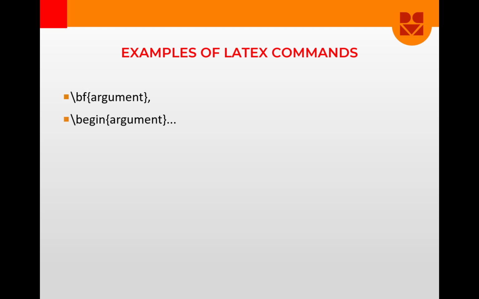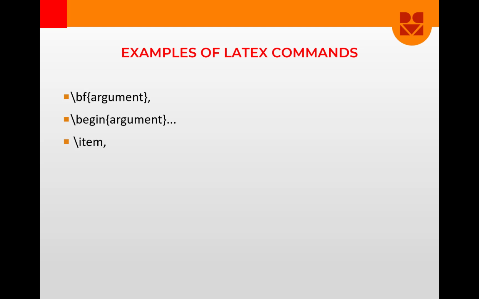And then we also have the begin command. We use this if you want to begin a particular environment, but what are you beginning? The argument might be the environment name, which you'll be seeing later in the section on environments.